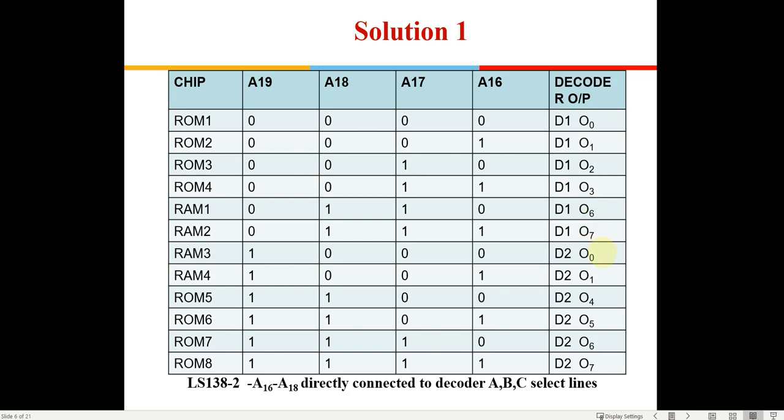And then in the next decoder we have used 0 and 1 for RAM 3 and RAM 4, then we have left out 2 and 3 and used 4, 5, 6, 7 for ROM 5 to 8. Is this table clear to you? If it's not clear, I can explain it once more. Is it clear to all of you?